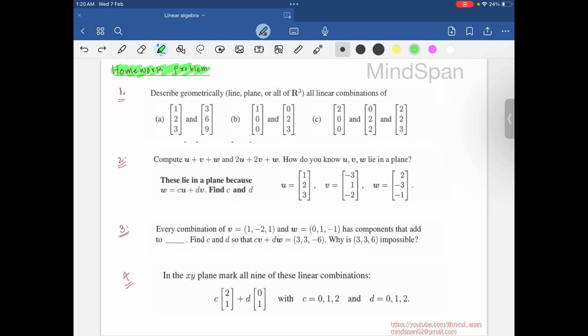And if you have understood the concept and are able to solve these questions, attempt them. And if you have any doubt in some questions, then you can comment those question numbers.